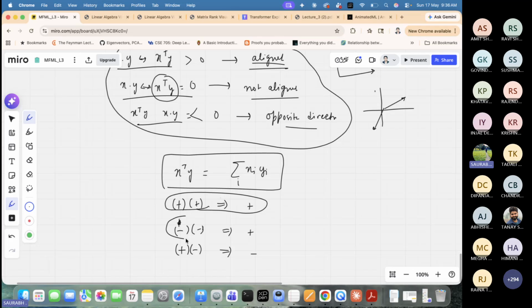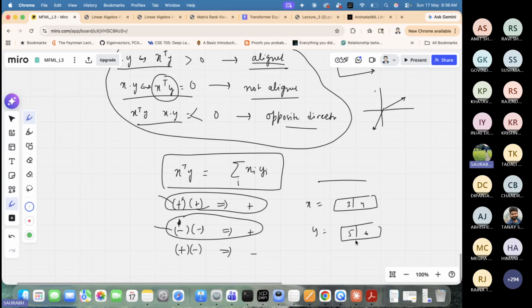In these two cases, both the vectors are in a similar space, both of them are negative, so they are agreeing with each other. So the dot product adds up agreement and disagreement across dimensions. Let's say, for example, the x vector is written as 3 4, and the y vector is written as 5 6.